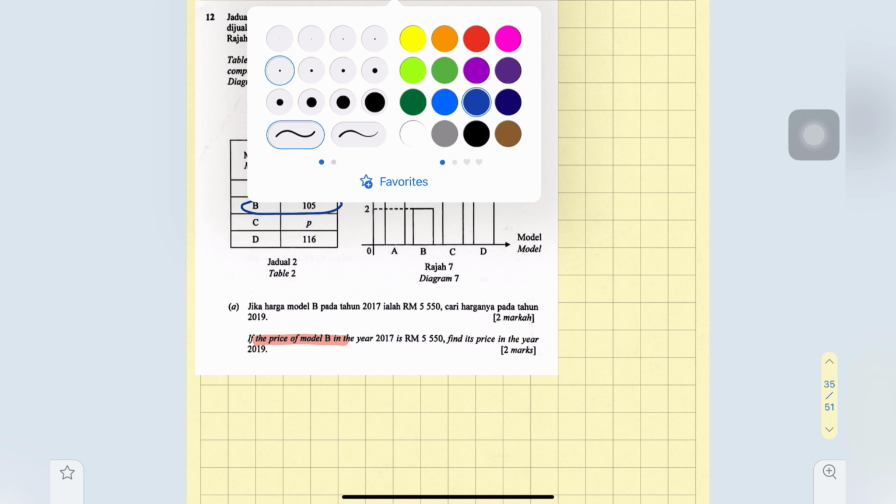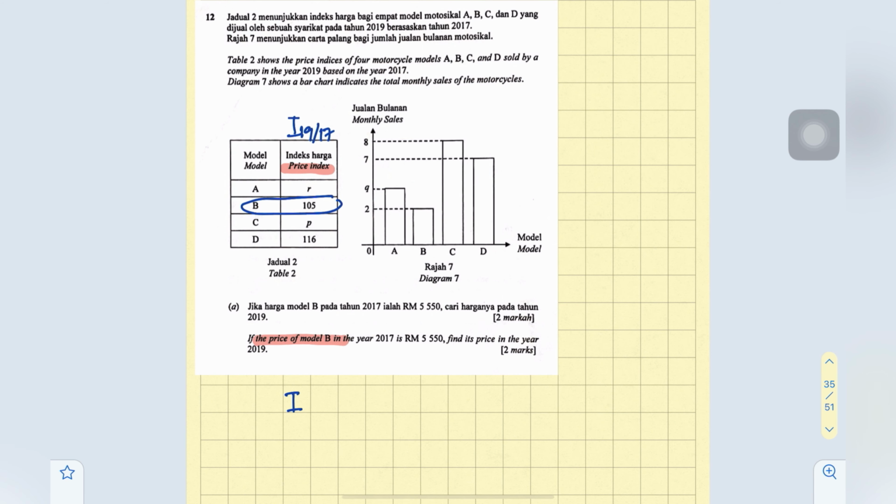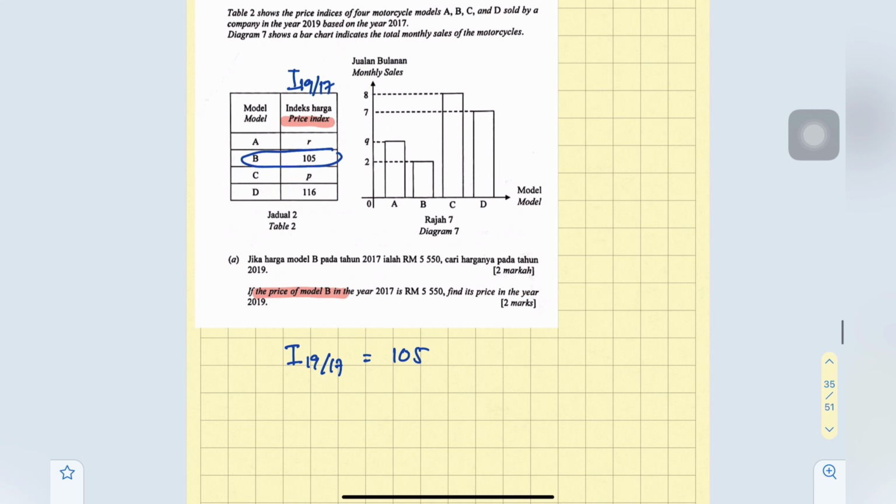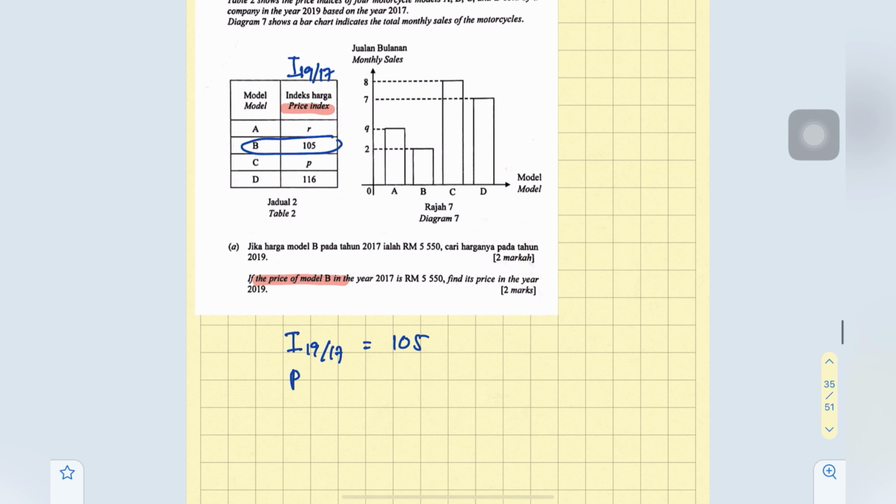Okay, so now we have I 19 base 17 equals to model B is 105. Okay, so formula of price index is P19 over P17 darab 100 equals to 105. Okay, yang ni dia bagi 5,550 ni in the year 2017.